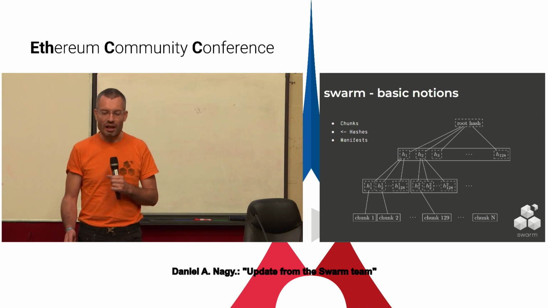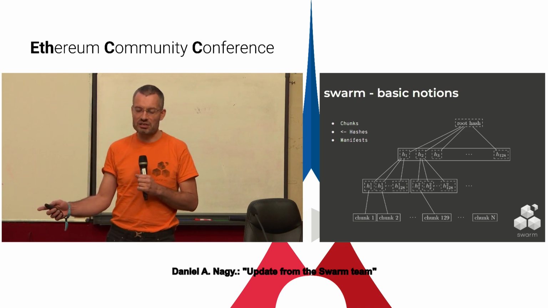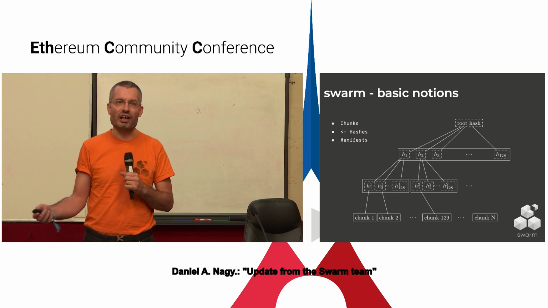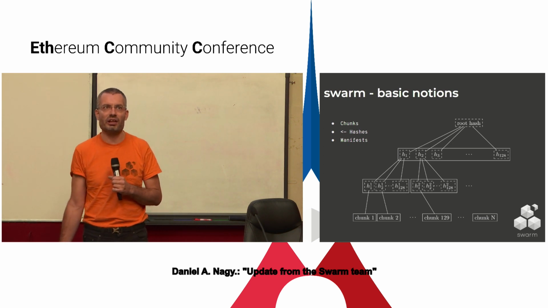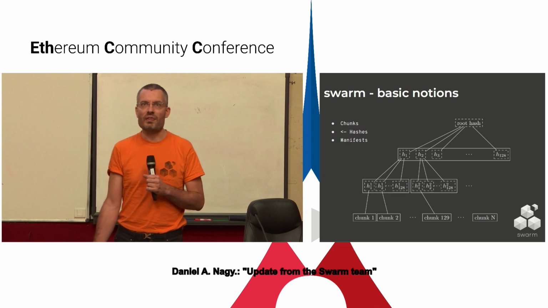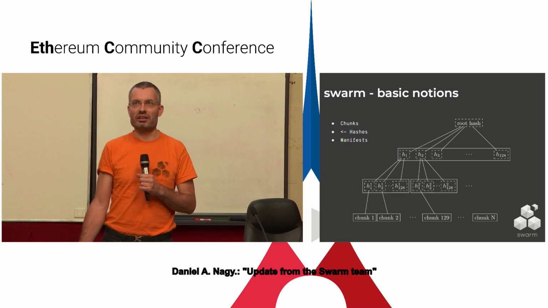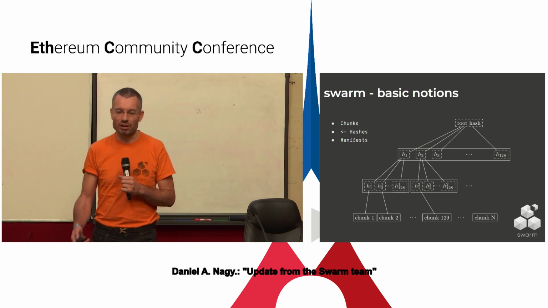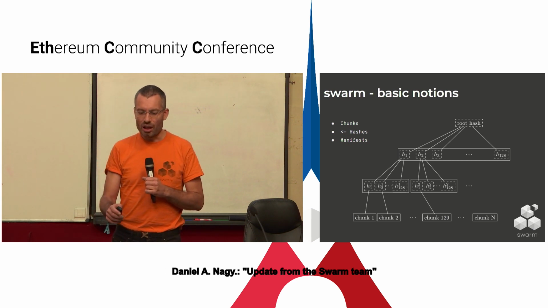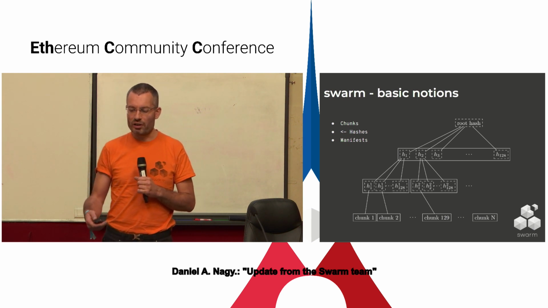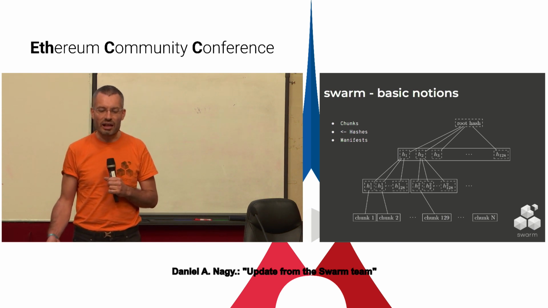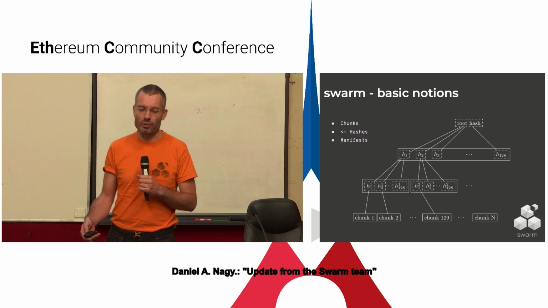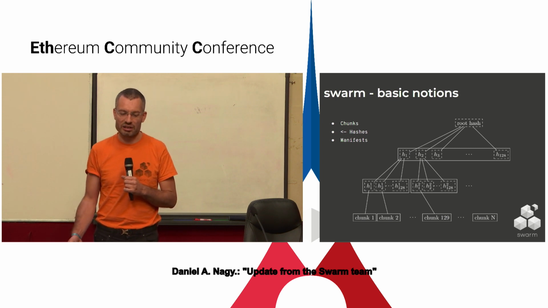And the leaves of this tree hold the actual data, and the so-called intermediary chunks in between are the ones that are needed to both find and integrity protect that data. And eventually, if you work your way all the way up, you're going to end up with a single root hash.